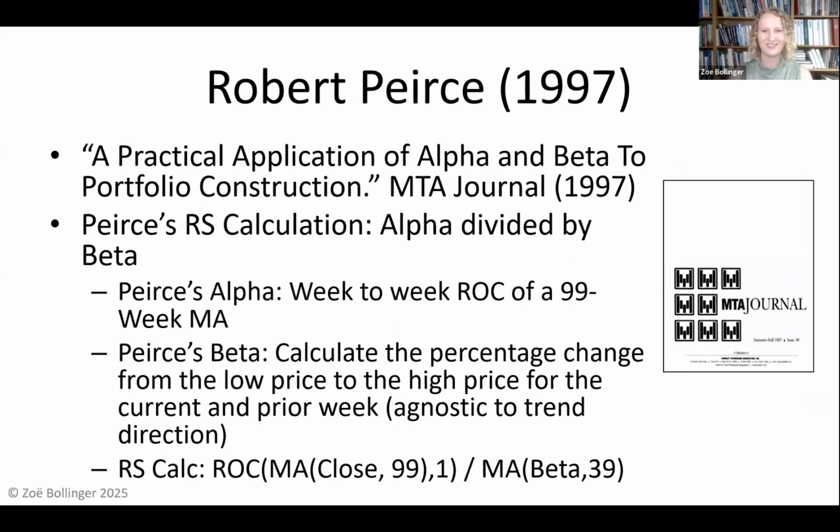Moving forward another couple of decades, we get to Robert Pierce, Bob Pierce in 1997. Let's see. We do have a question that's come in that says, if you invest in a portfolio of strongest stocks, you would always be in the market. How would you suggest managing drawdowns when the market enters a bear phase? So I'm going to ask you to hold on that for the time being, because we actually have a whole section of the presentation that plays with a couple of ideas for that.